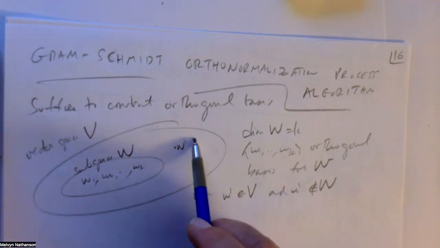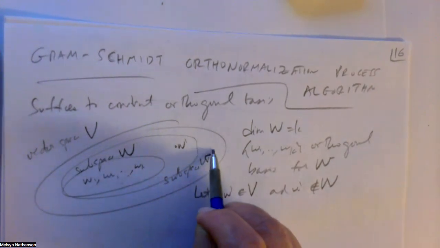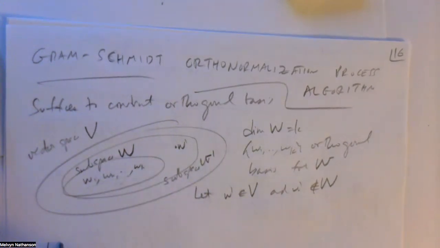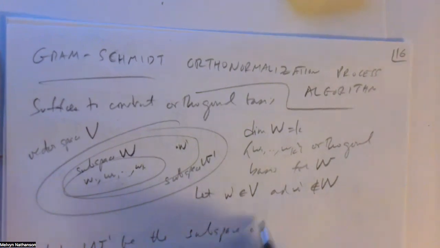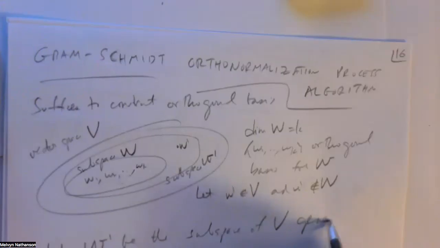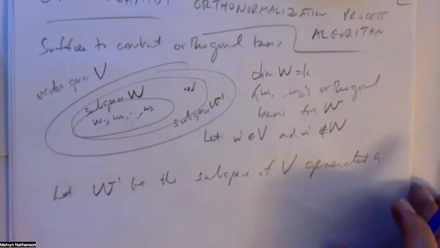And I can let capital W prime be the subspace of V generated by the set of K plus 1 vectors, W1, W2, up to WK, and this new vector W prime added.